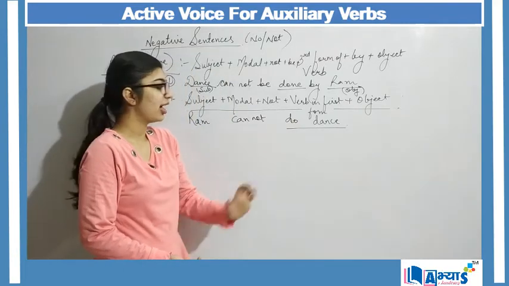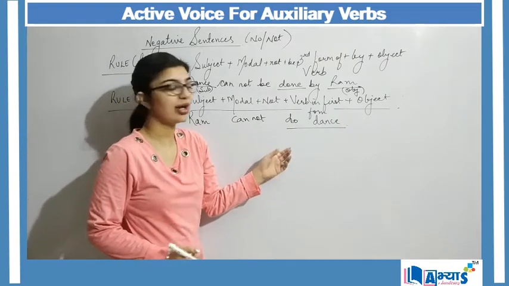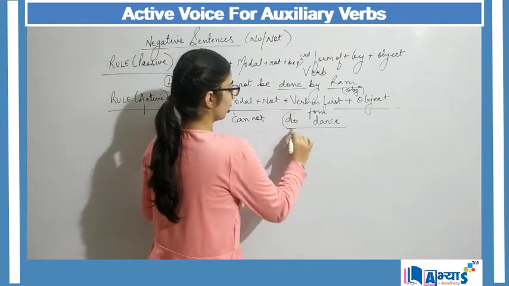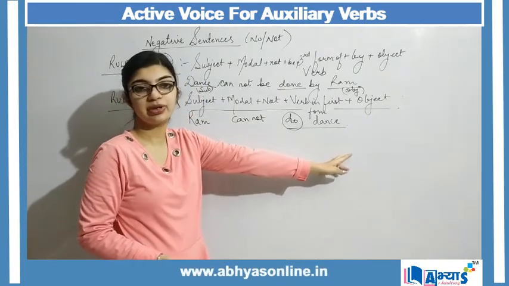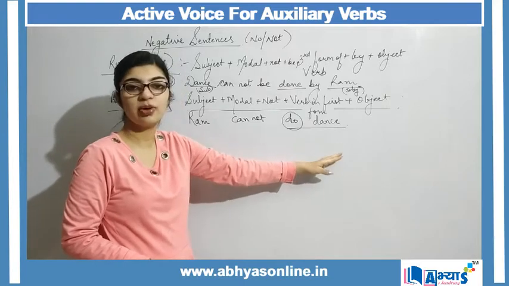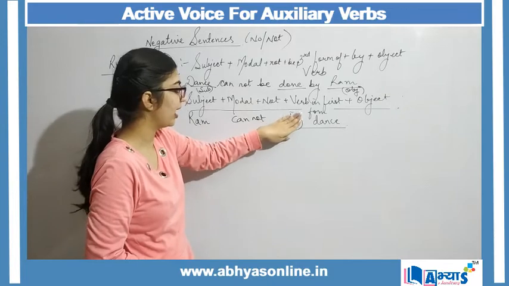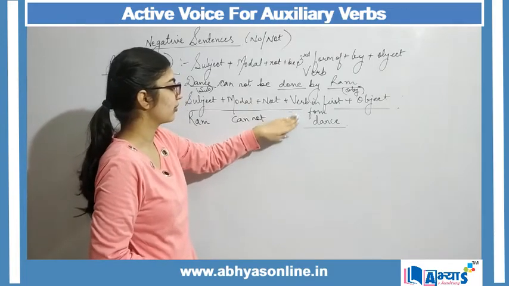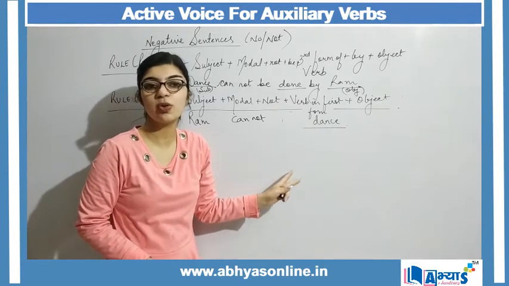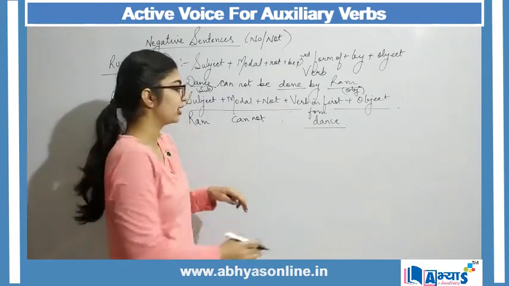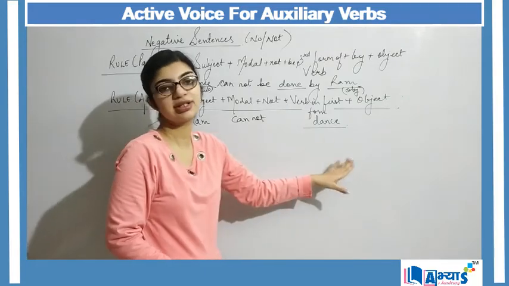But again, here there is an exceptional case: whenever we are using do, if there is a verb appearing, now dance is a verb. If with do we have a verb, then we eliminate do, because do is also a verb and dance is also a verb, and two verbs cannot come together. Therefore, do is eliminated and I say Ram cannot dance.